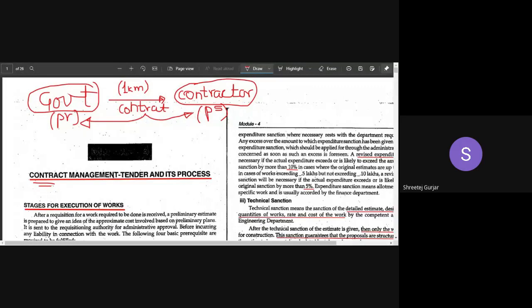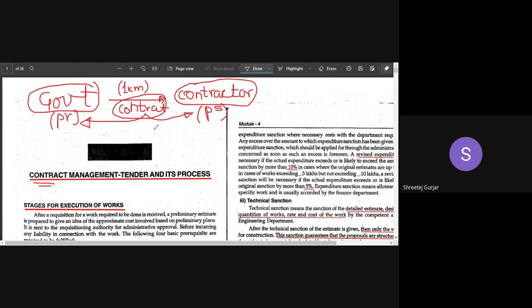Once both of them have agreed, it becomes an agreement, and when that is made into a document and is legally bound and enforceable by law, it is termed a contract. If any of them do not follow this contract, they will be punishable by law, or they will be sued. They will have to pay fines.